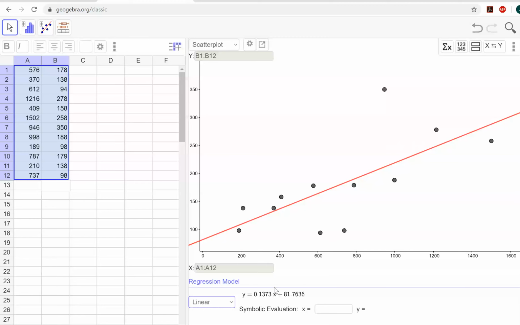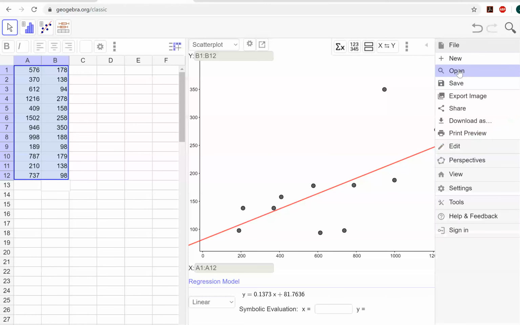And also at the bottom here, you can see your equation of the line. Now they use y, but when we write this down, we'll want to use y hat. Then you can see your slope, you can see your intercept. Sometimes here, it doesn't show you enough decimal points. So let me show you how to make sure you get 4 decimal places. It's more accurate. If you go to the upper right here, and sorry, it's actually off the screen, but those 3 horizontal lines open up this menu.